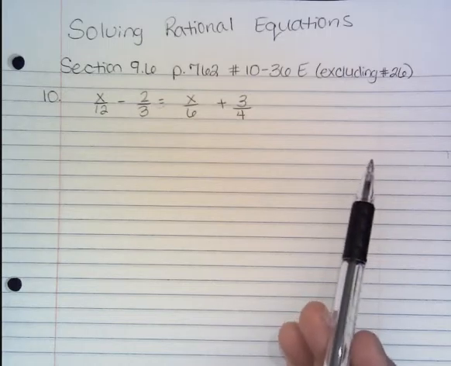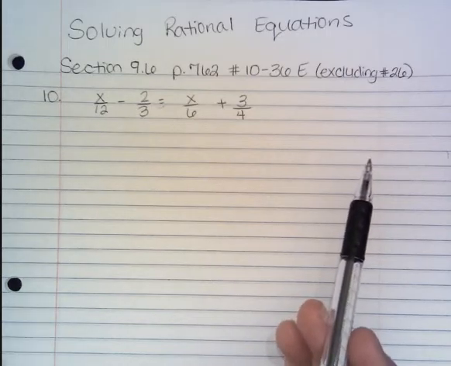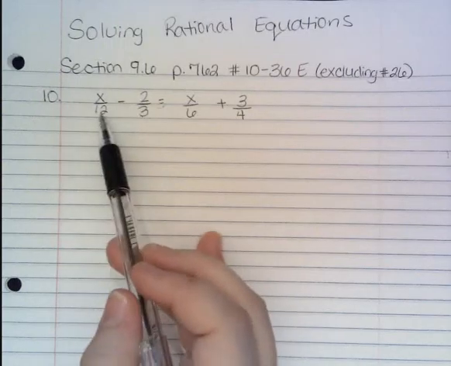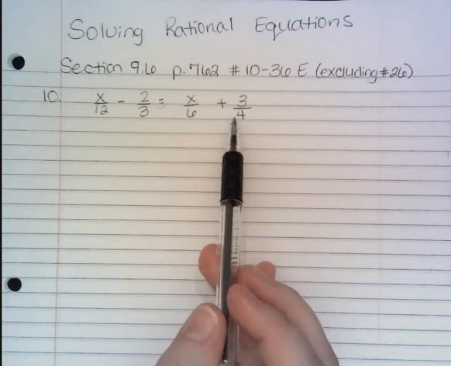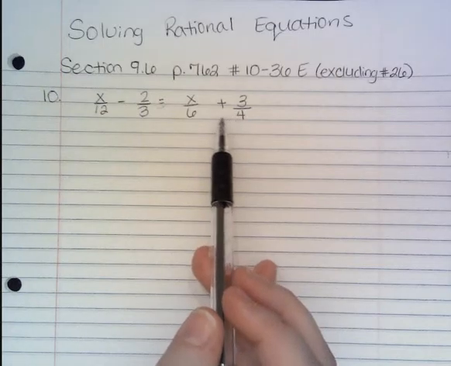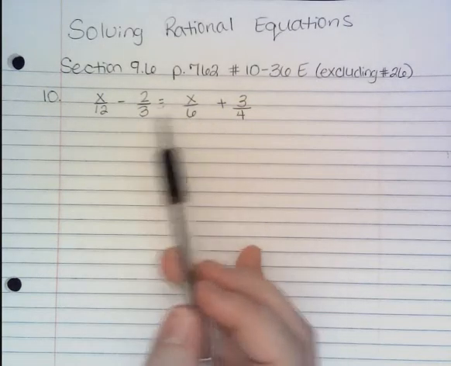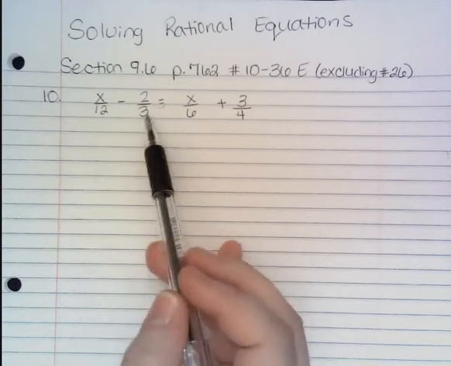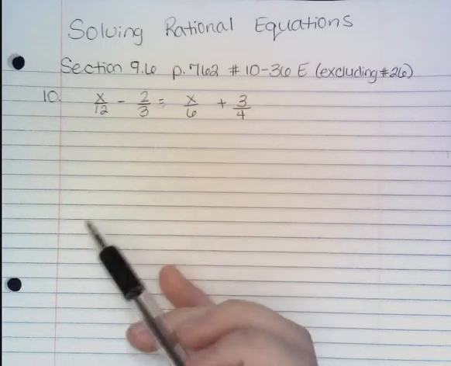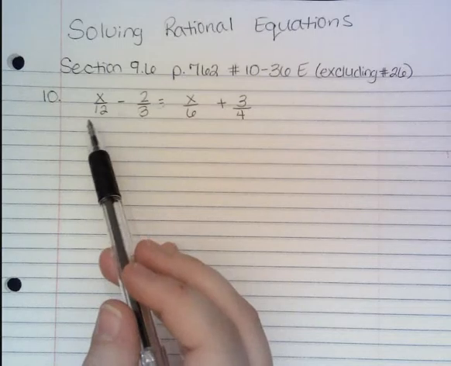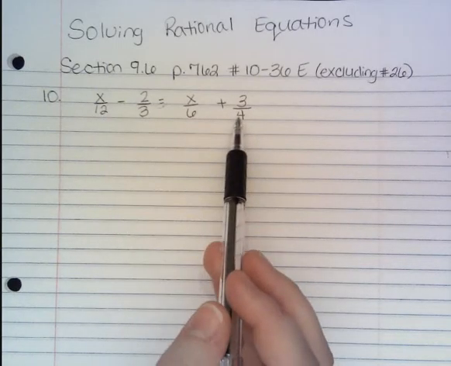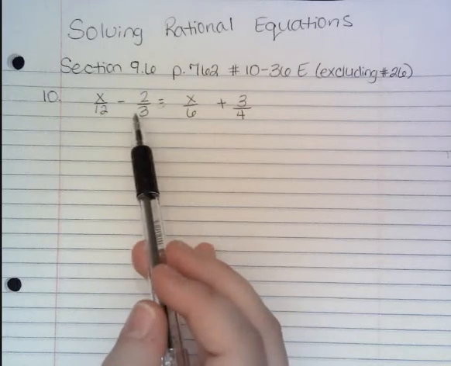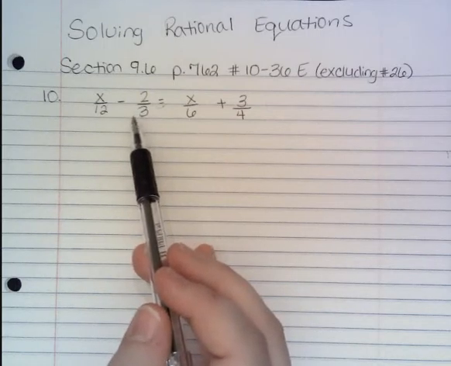So what makes something a fraction? Well, if you have a denominator that is any number other than 1, then you have a fraction. So our goal is to make each one of these numbers a 1. We need to find what number 12, 3, 6, and 4, meaning all of our denominators, all divide into.